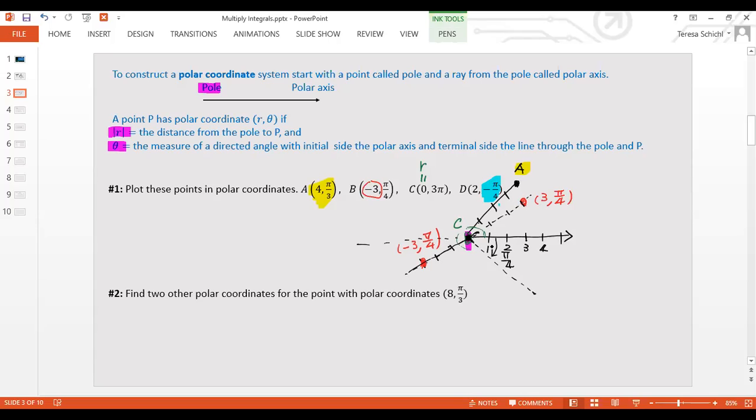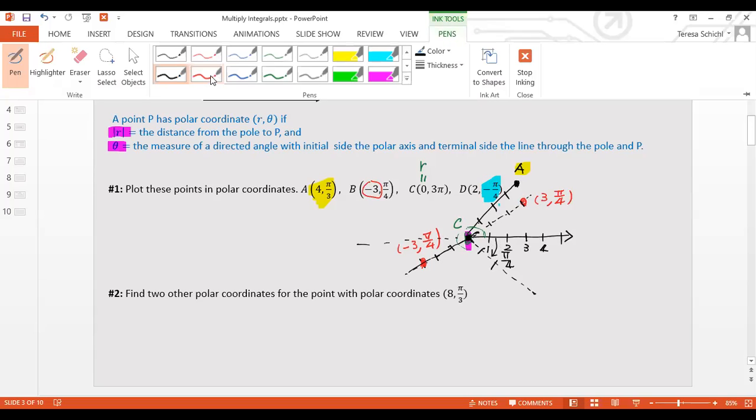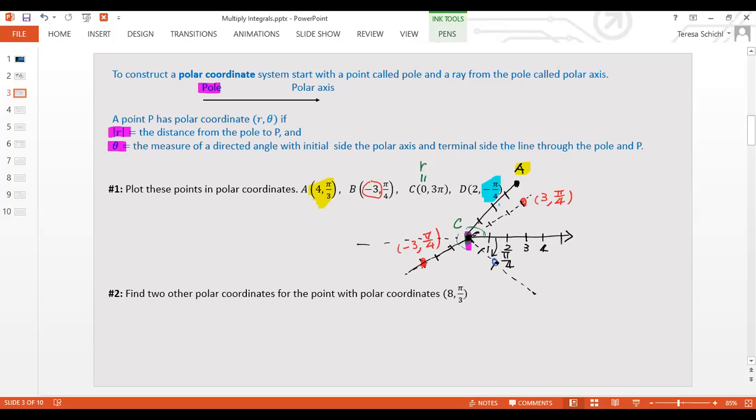Now, what is the length? Here's 2, 1, 2. All right, so this is the point. It is 2 and negative pi over 4. That's how we know the polar coordinates.